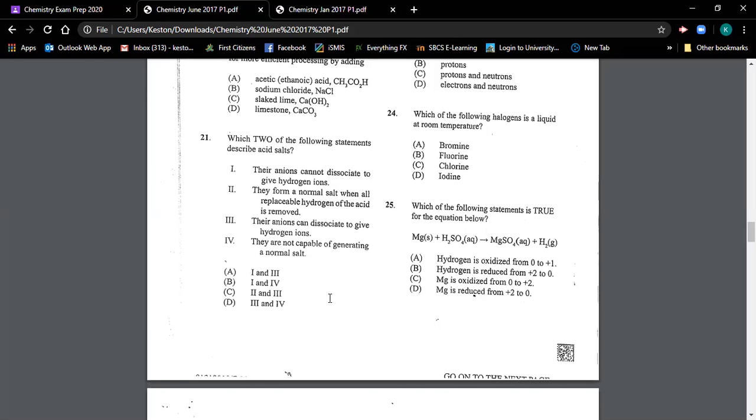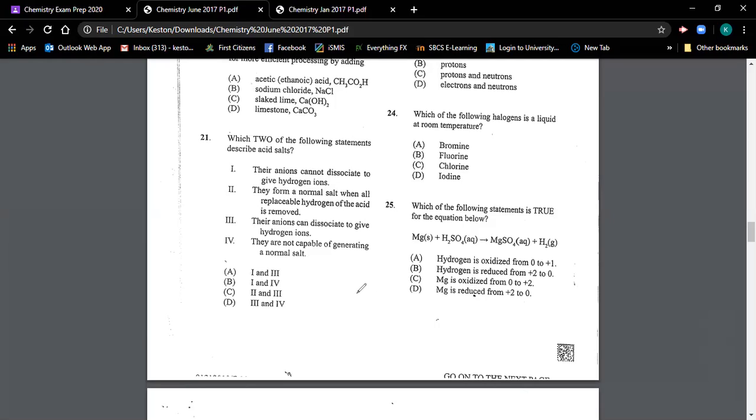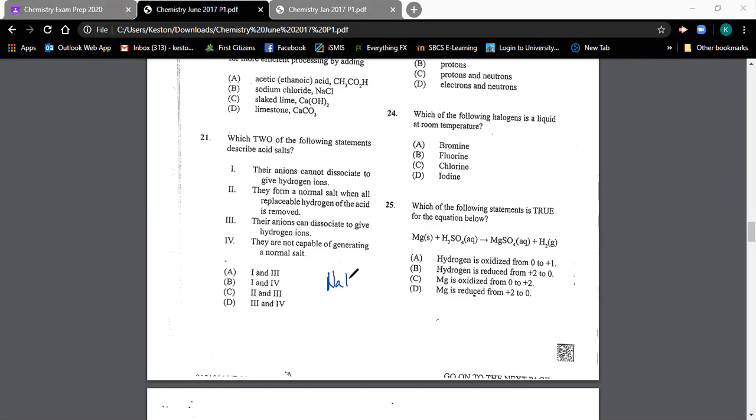Anywhere else? Yeah, you're correct. You remember I was saying that with the first question, when they were asking about which of them would not form an acid salt. An acid salt is just a salt that has an H in it. So sodium hydrogen carbonate is an example of an acid salt, right? But we could get sodium carbonate, Na2CO3. We've seen this before. So you could get rid of this extra H, right?